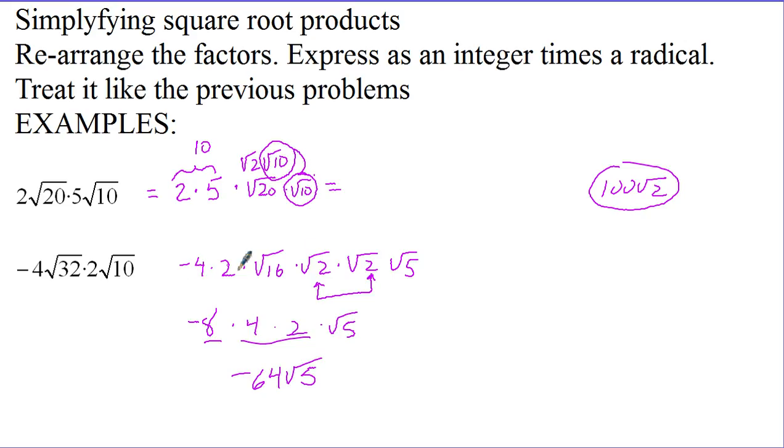A lot of these things where I rewrite, I could do in my head. For instance, I could just look at this and say there's going to be that negative 8 right there. And sometimes I might even write directly above square root 16, square root 2, square root 2, square root 5, as opposed to writing it out to the side.